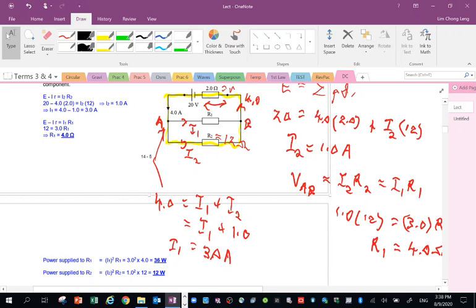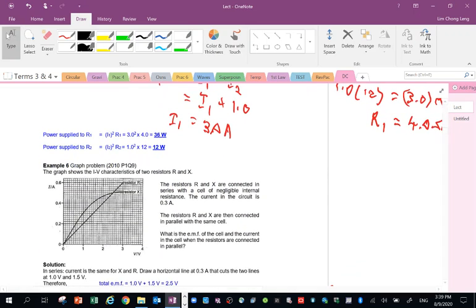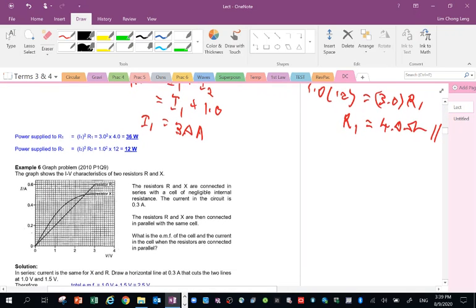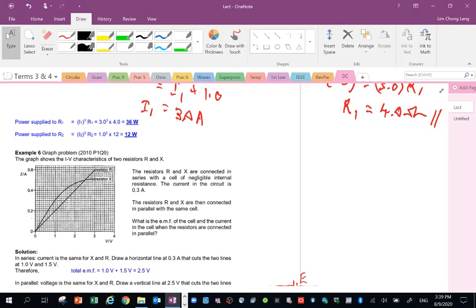Okay, so we are going to do the last question, and after that, that is the end of the first lecture. This graph shows how two resistors behave as you increase the PD.